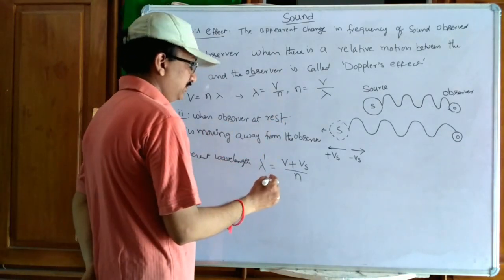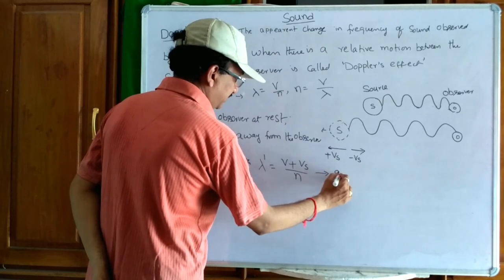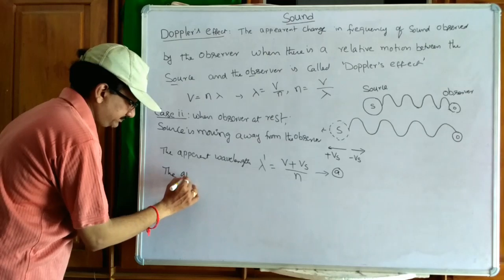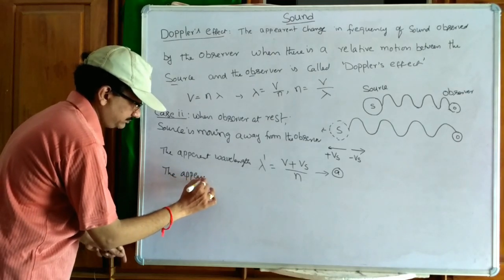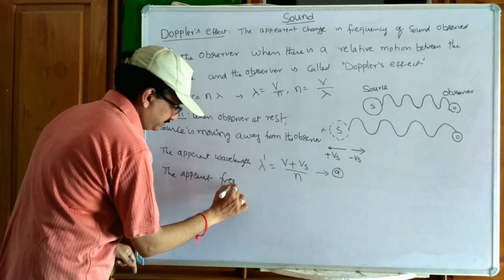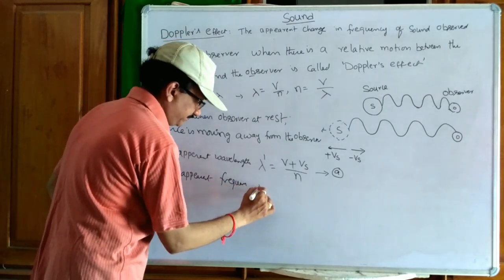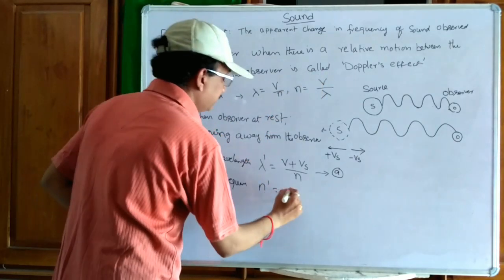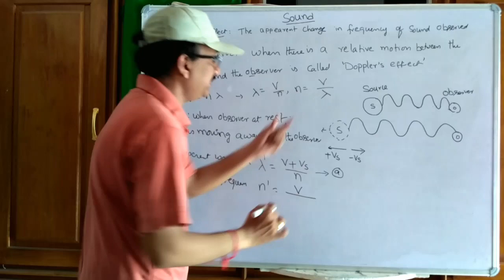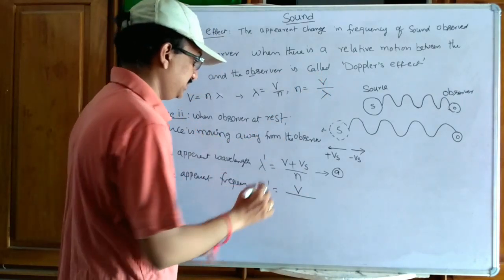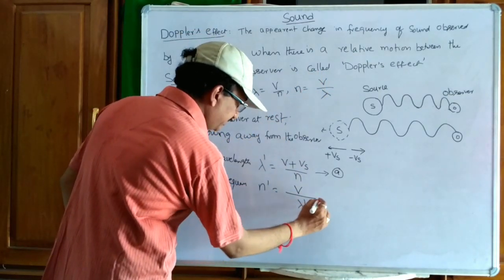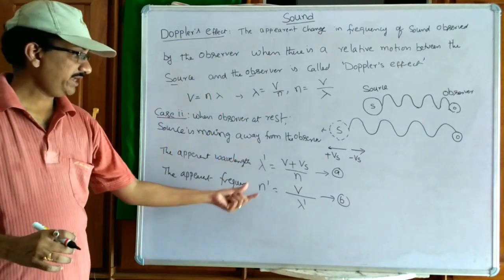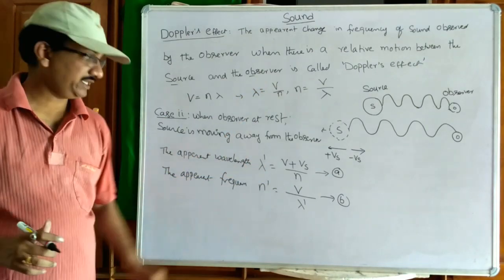Now we have to substitute this equation here. Then the apparent frequency N dash is equal to V, the velocity of sound in air, which is as it is, no change, and this will be lambda dash. This is equation B. I have to make this equation by using this equation.